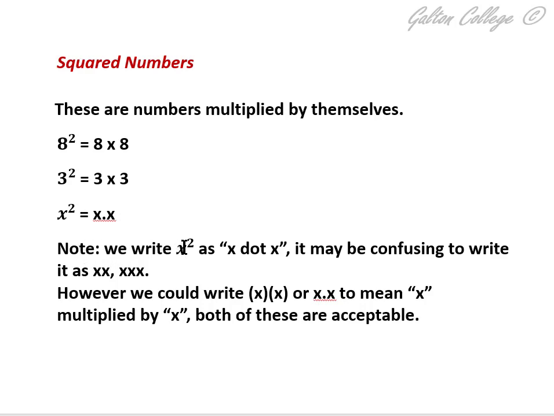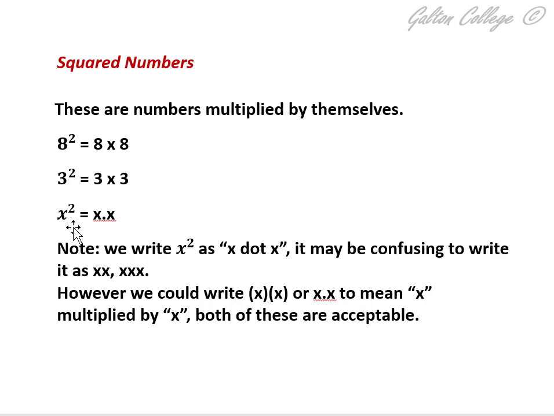Note, we might write x squared as x dot x. It may be confusing to write it as xx or xxx, so sometimes, so it's multiplied, we might write x dot x, just that times that. There are different conventions in this, and really you need to look at which textbook is using what convention.